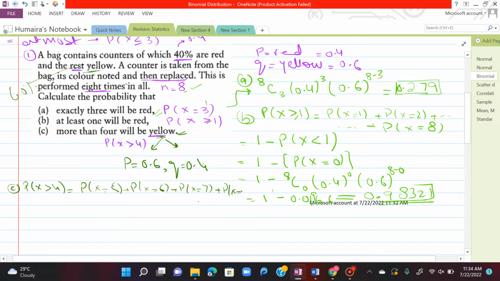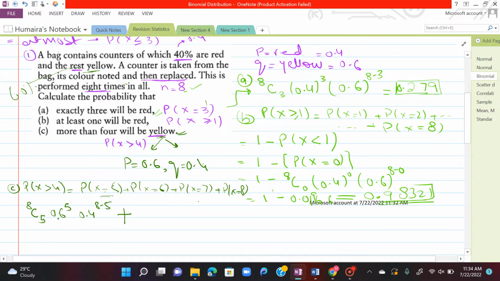It will go till the last value. So for this it will be 8C5 nCx, p is 0.6, 0.6 to the power x. This number will come on the top of p, not q. 0.4, 8 minus 5. This is for the first one. Then plus sign, same I will write for 6.